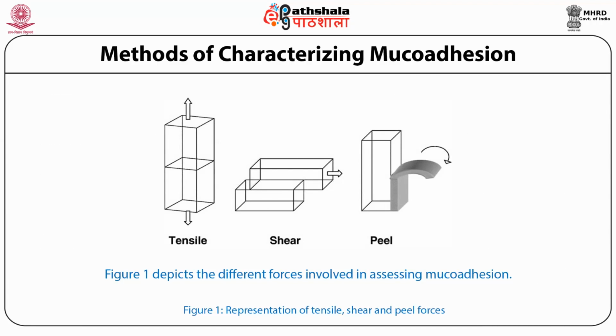Figure 1 depicts the different forces involved in assessing mucoadhesion. The first figure shows the tensile force, the second one is representative of the shear force, and the last one is talking about the peel forces.